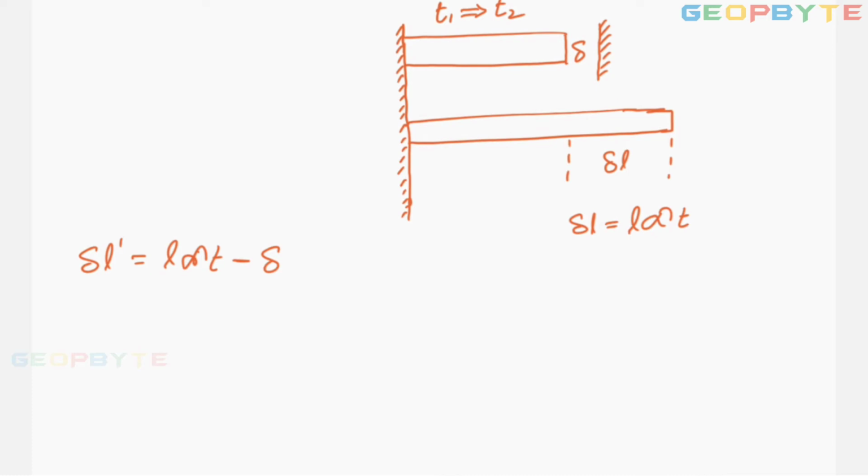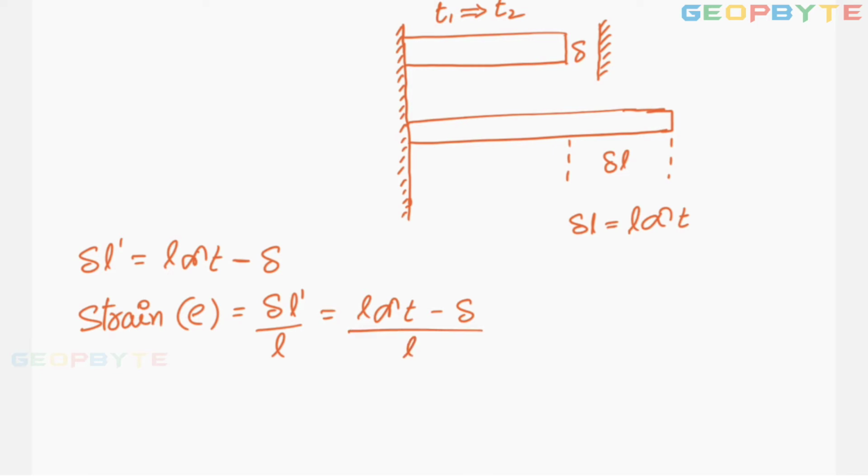Then the strain, small e, equal to change in length by original length. It is equal to L alpha T minus delta divided by L. It is equal to alpha T minus delta by L. That is the strain.